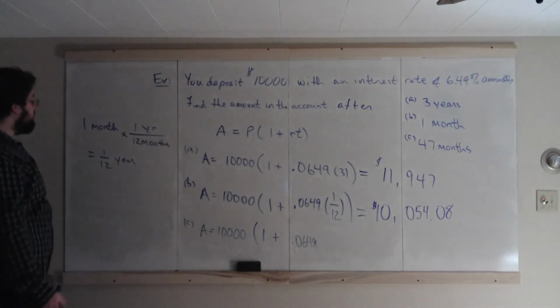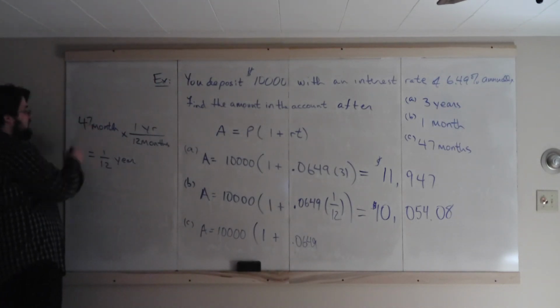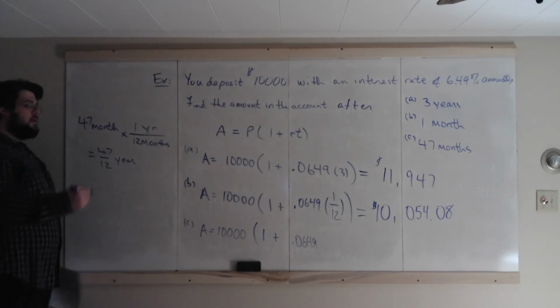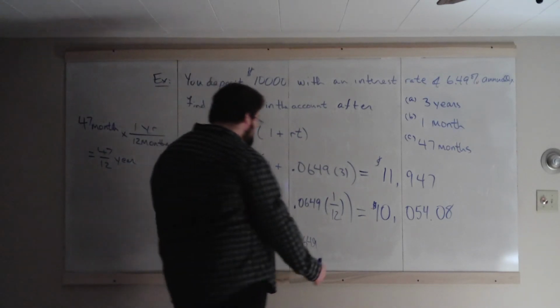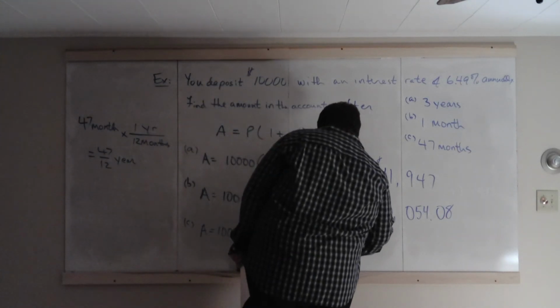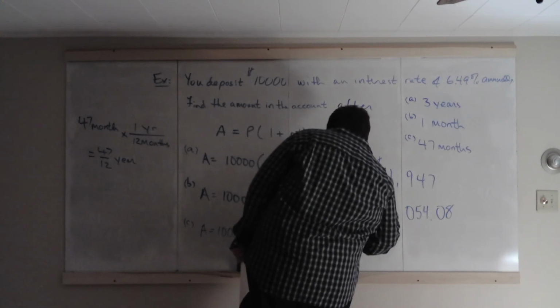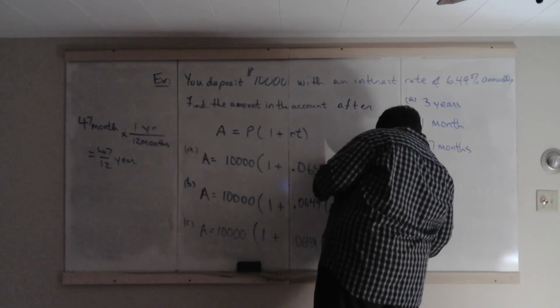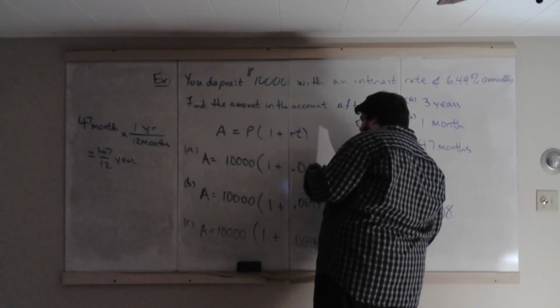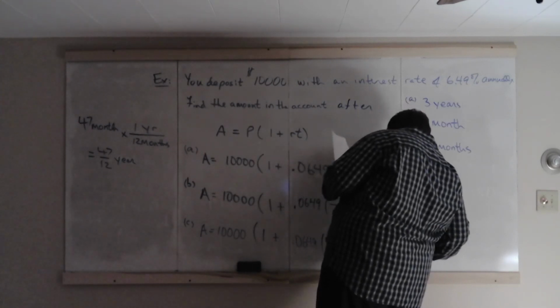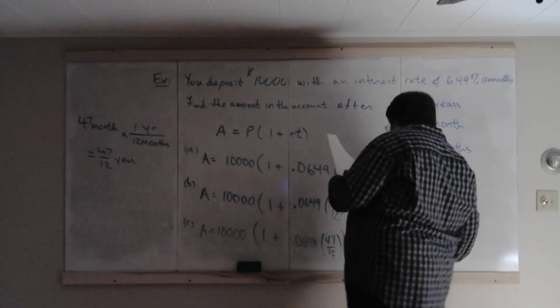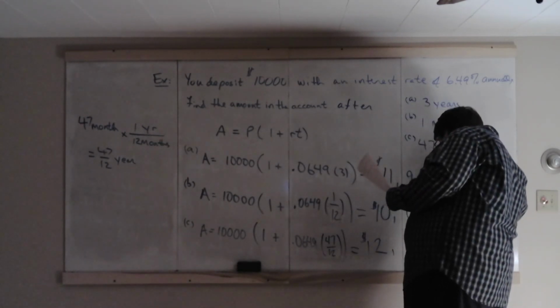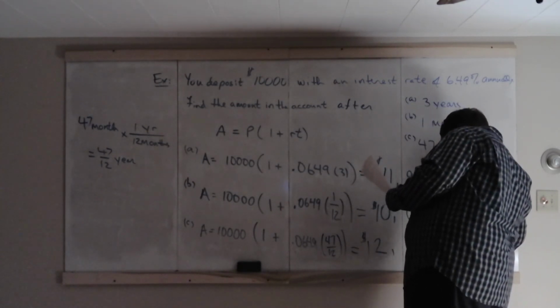Well, all we have to do for 47 months is change this to a 47, and then we get 47/12ths of a year. So times 47 over 12 equals 12,541 and 92 cents. 0.92.